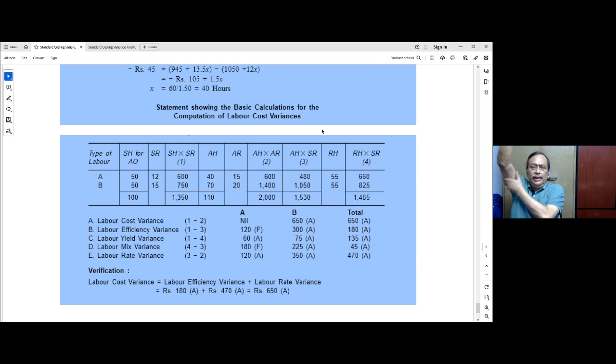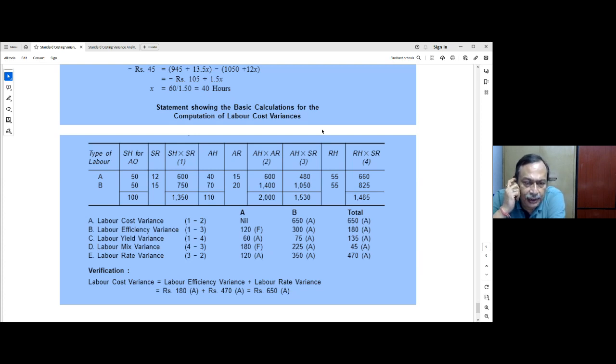Then labor yield variance 1 minus 4, that is 60 adverse, 75 adverse, 135 adverse. Labor mix variance 4 minus 3, that is 180 favorable, 225 adverse, 45 adverse. Labor rate variance 3 minus 2, that is 120 adverse, 350 adverse, and 470 adverse.